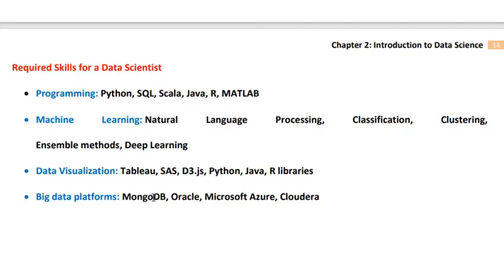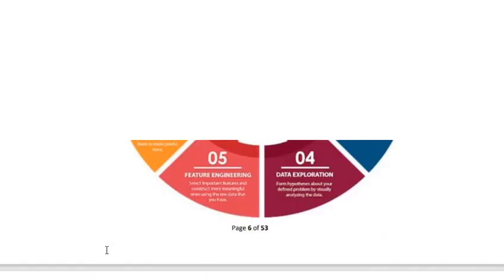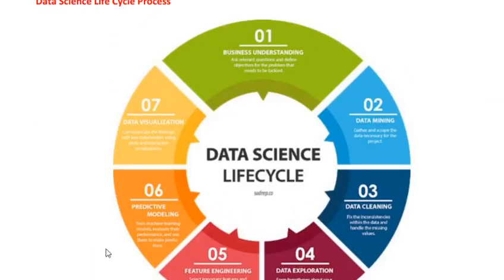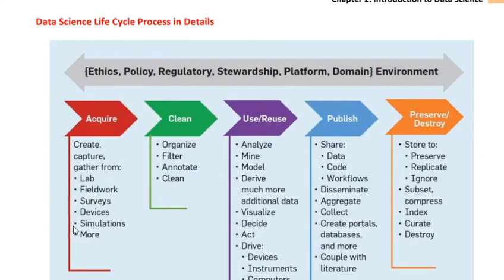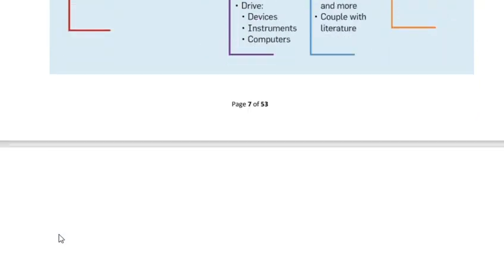So in today's class, we have learned about the data science lifecycle process and the various phases in it. I have taken this from some of the standard literature. We have seen that there are 7 identifiable phases that are capable of addressing different concerns of business, in greater detail: acquisition, cleaning, use, reuse, publish, and then preserve and destroy.